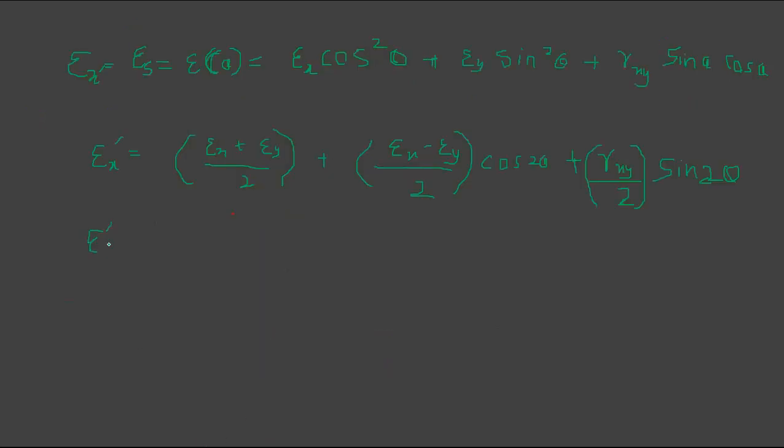So instead of theta, you can plug 90 plus theta, right? So that will give you, this is not going to change. So this comes, so this would be minus cos 2 theta.